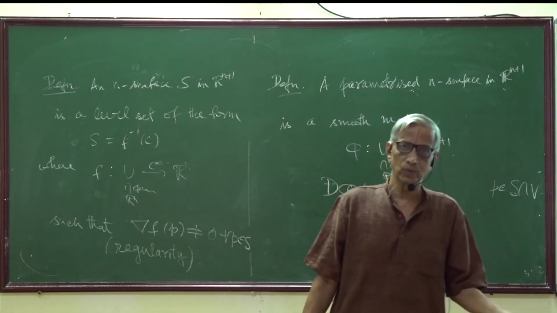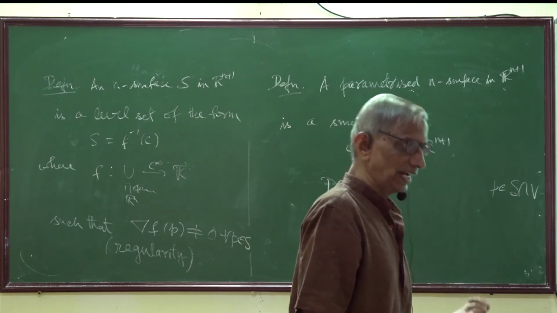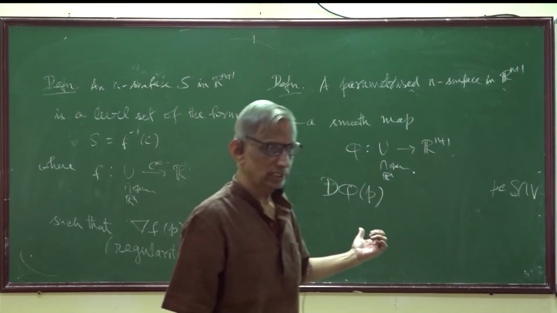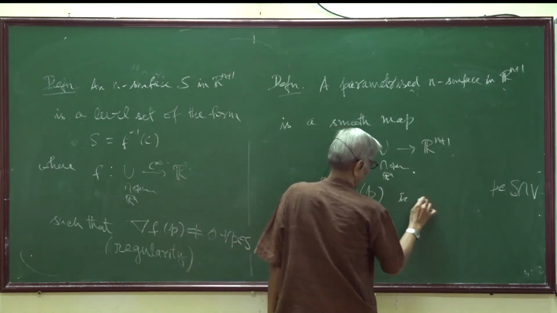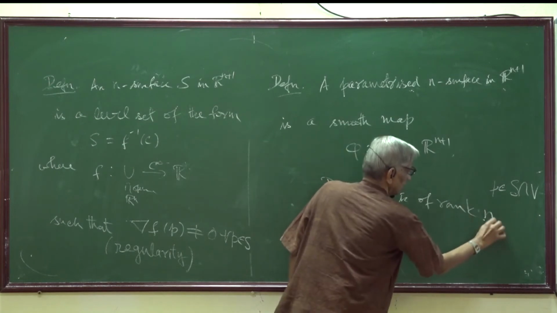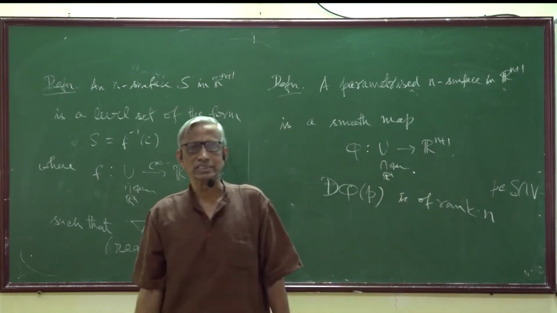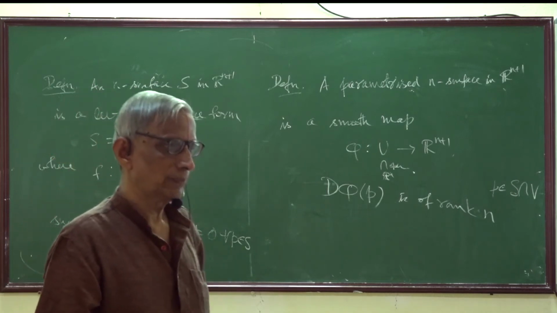It has to be less than or equal to n. So what you want here is the maximal rank. You want this to be of rank n. That means the image is an n-dimensional subspace of Rn plus 1.